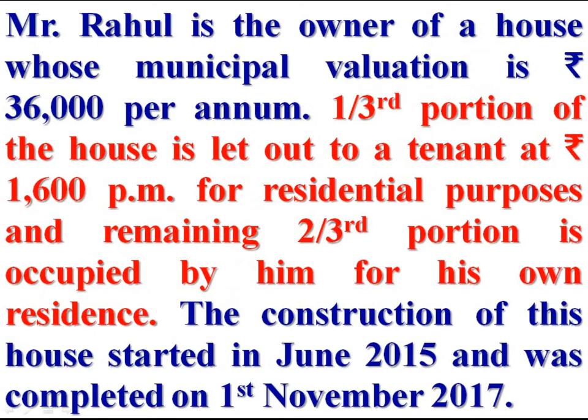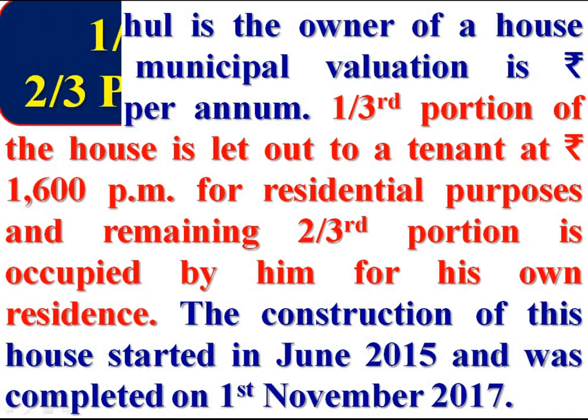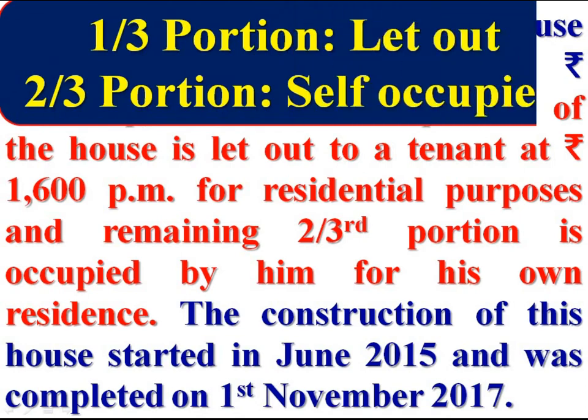The speciality of this problem is that 1/3 portion of the house is let out to a tenant at Rs 1,600 per month, and the remaining 2/3 portion is occupied by him for his own residence, means self-occupied. 1/3 portion let out during the previous year at Rs 1,600 per month, balance 2/3 portion self-occupied for the previous year.